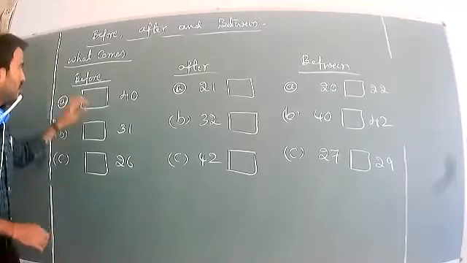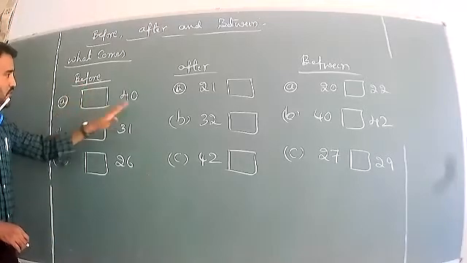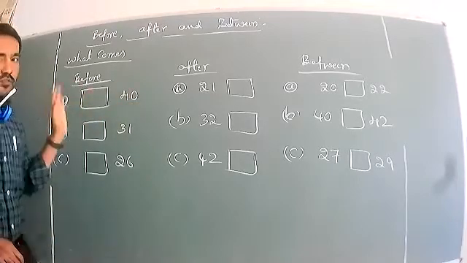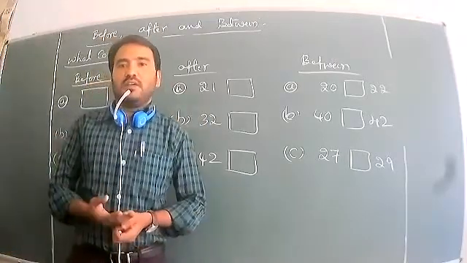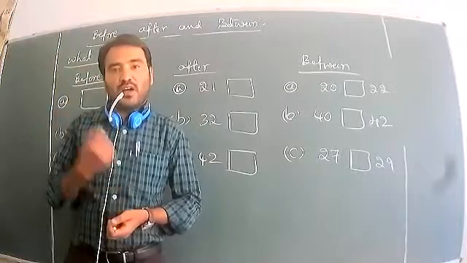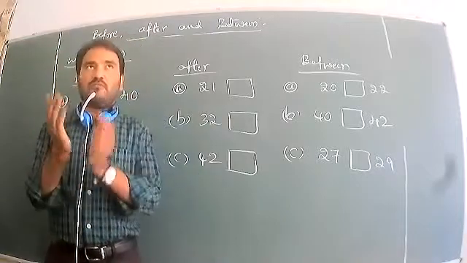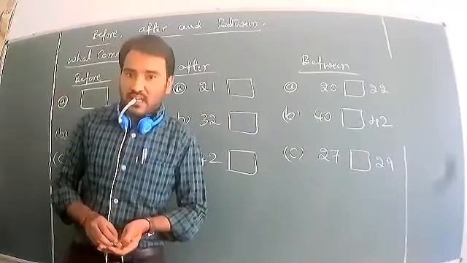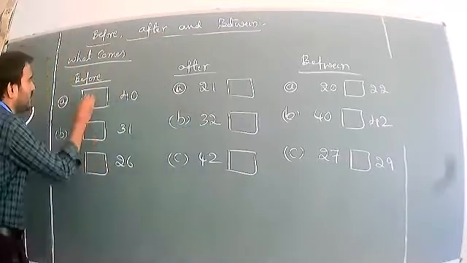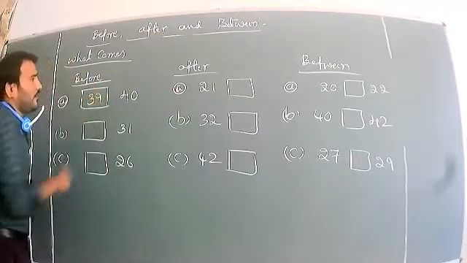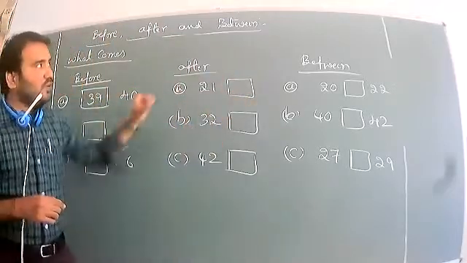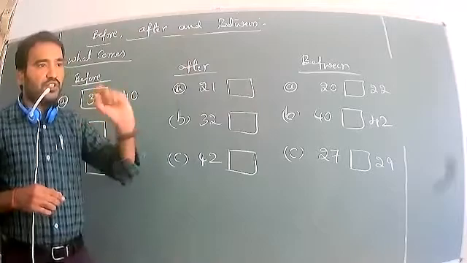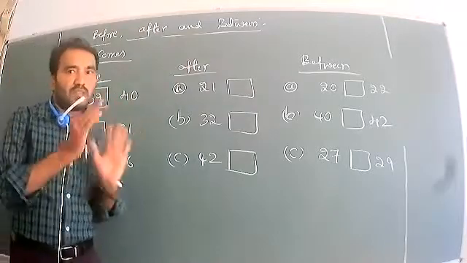Now look at the board. First we have to find the before number of 40. Keep in mind, the before number is one less. So the number that comes before 40 is 39. You have to write all the numbers 1 to 50 so we can find them.